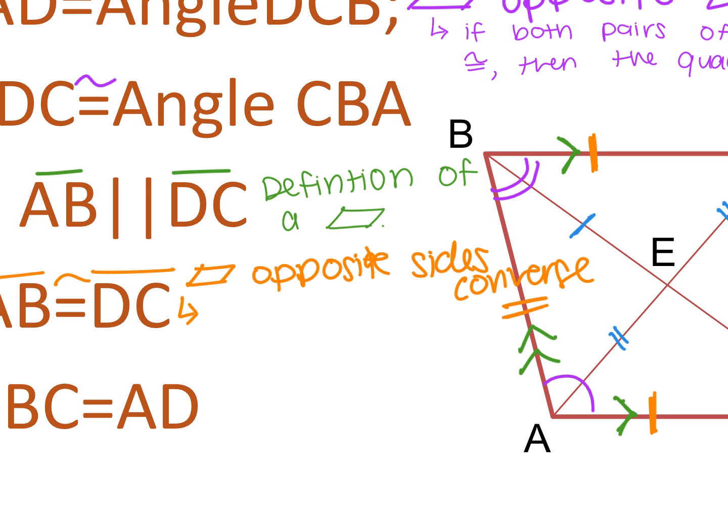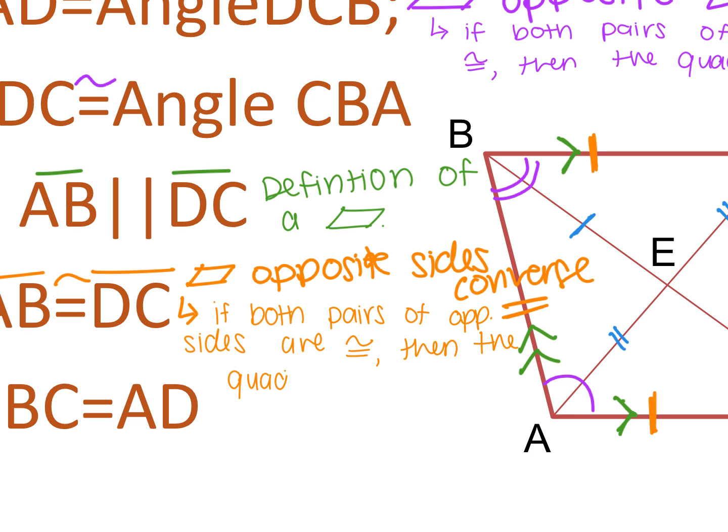If both pairs of opposite sides are congruent, then the quadrilateral is a parallelogram.